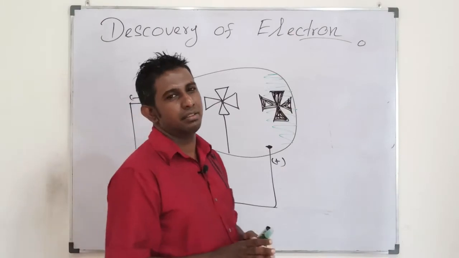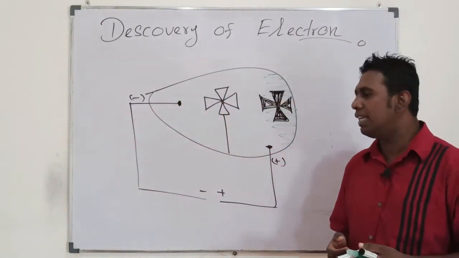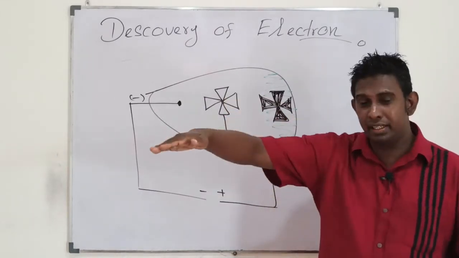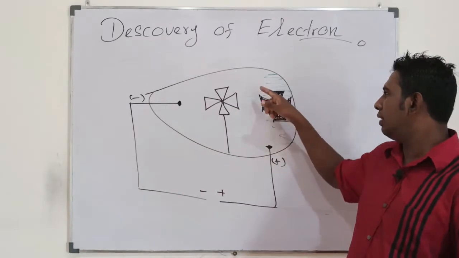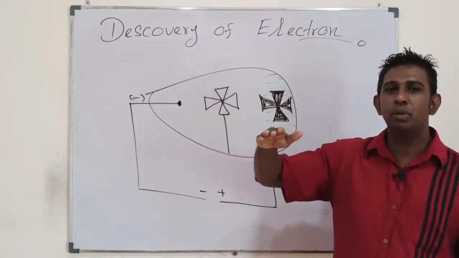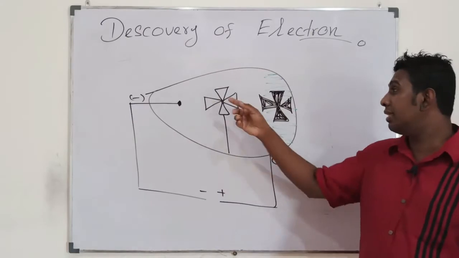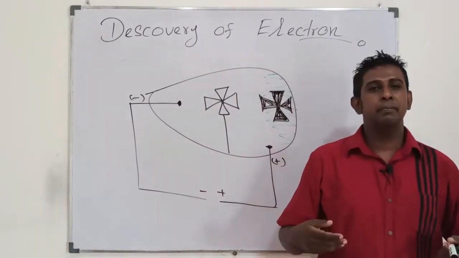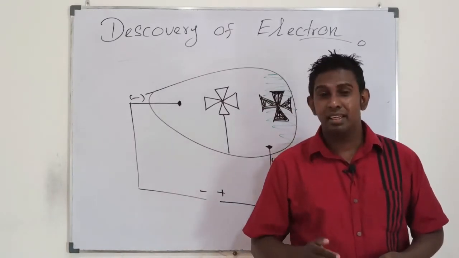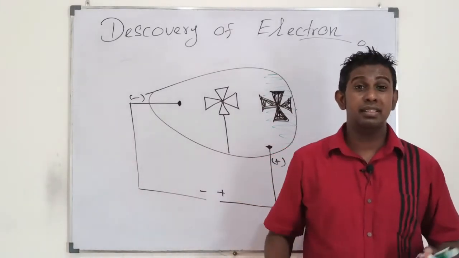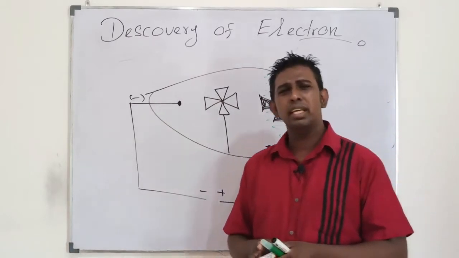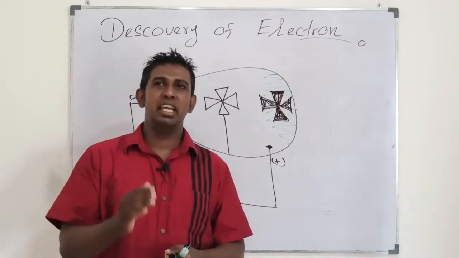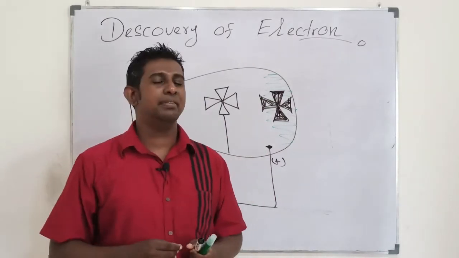If you get such observations, it's because cathode rays do not penetrate the object, and also they do not go in curvy paths. So the conclusion you could make is that cathode rays travel in linear paths, straight lines.